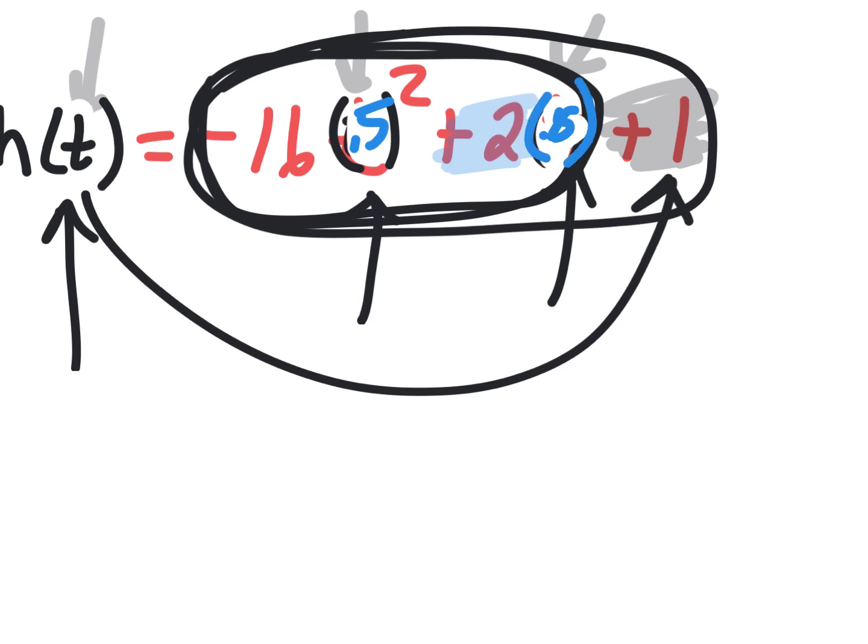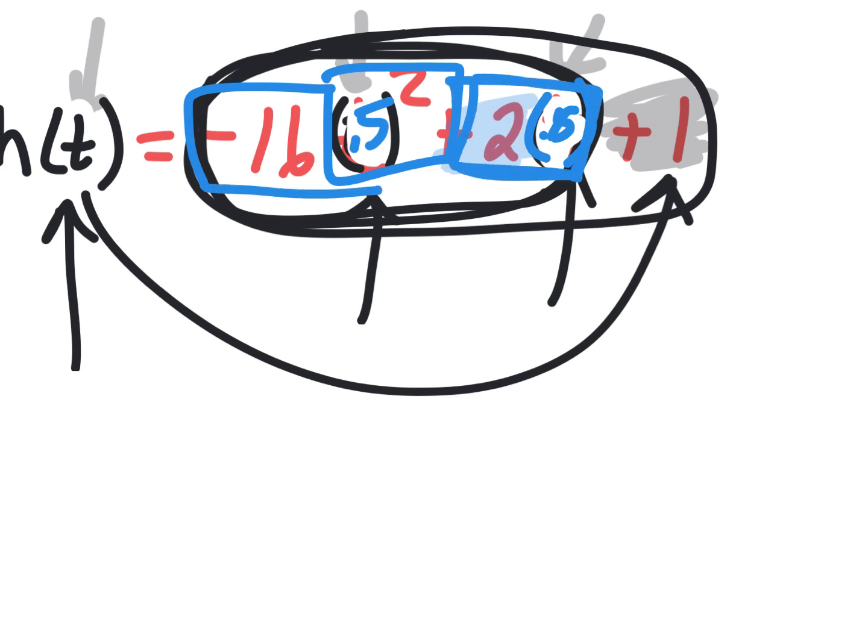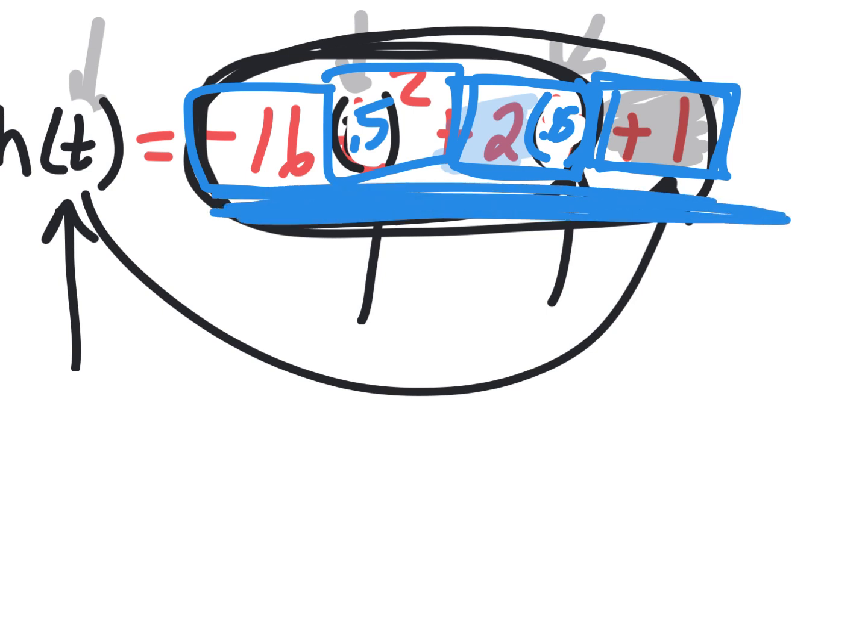With a calculator, it wouldn't be that hard to go 0.5 squared, times it by -16, and then add half, or 2 times a half, plus 1, and then you'd have your height. Okay, so if they give you a time, you just stick it in for t. And then this is just a calculator problem. And yes, you can totally use your calculators and iPads.